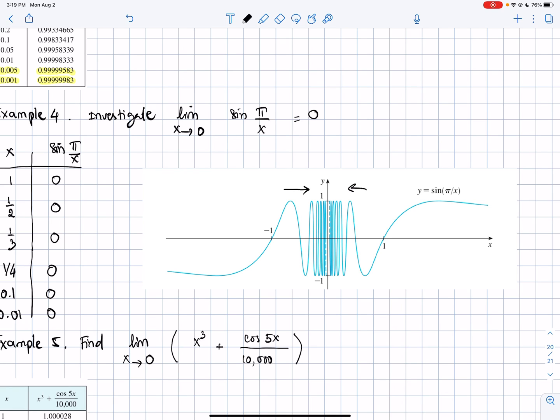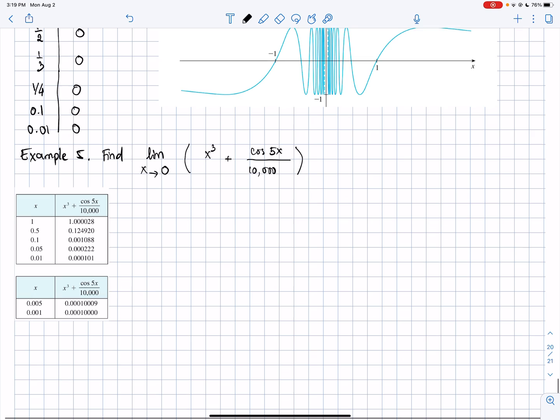So we don't have an exact answer. In this problem, we do not have the answer for the limit. We would say it does not exist.